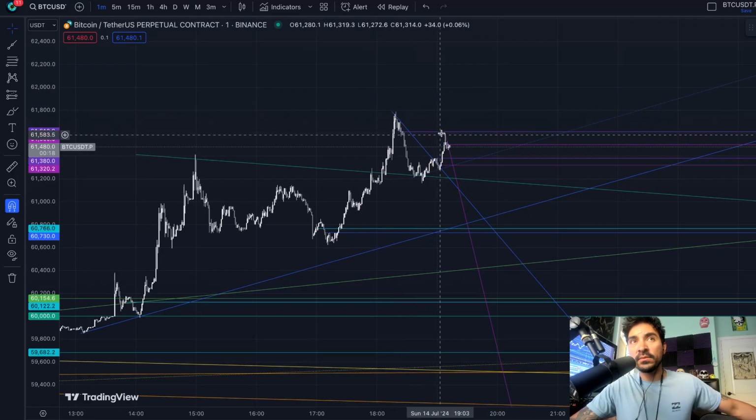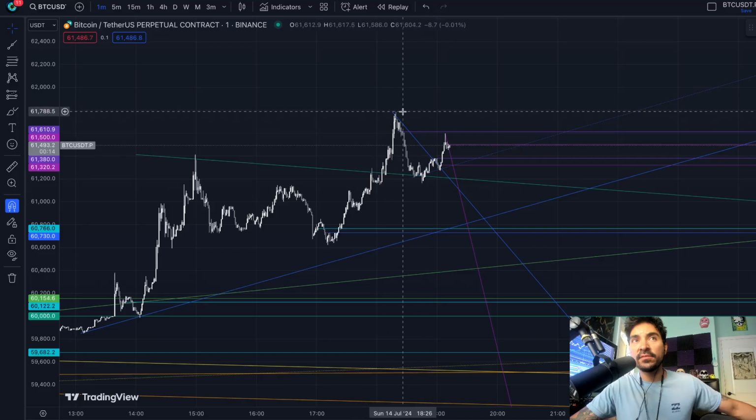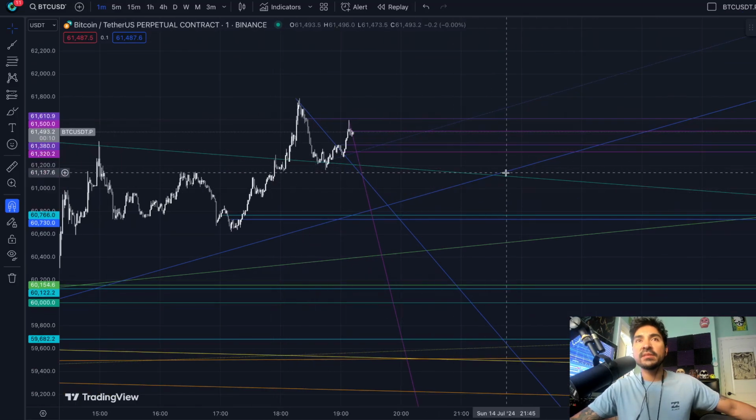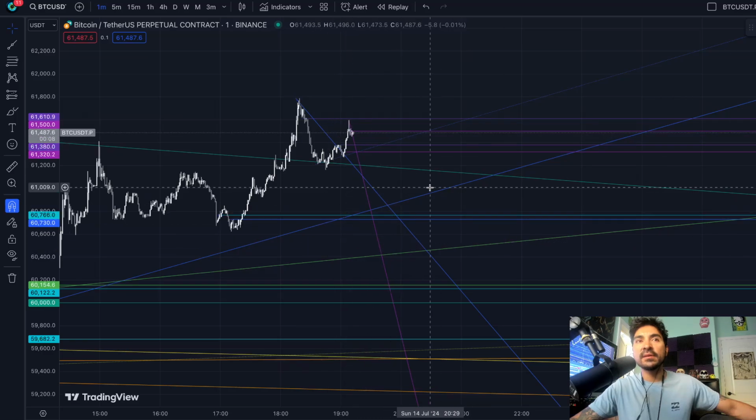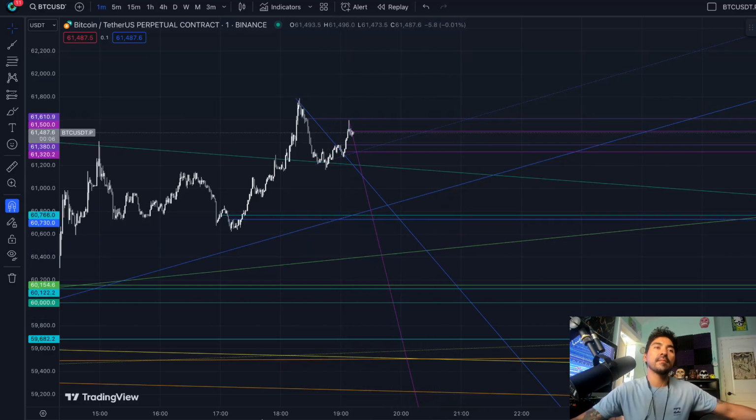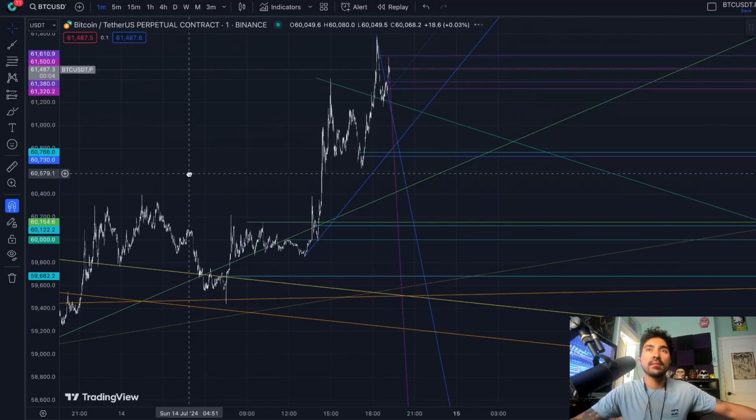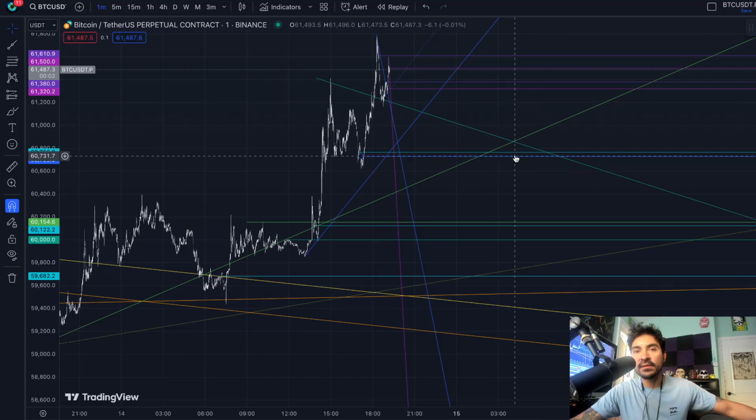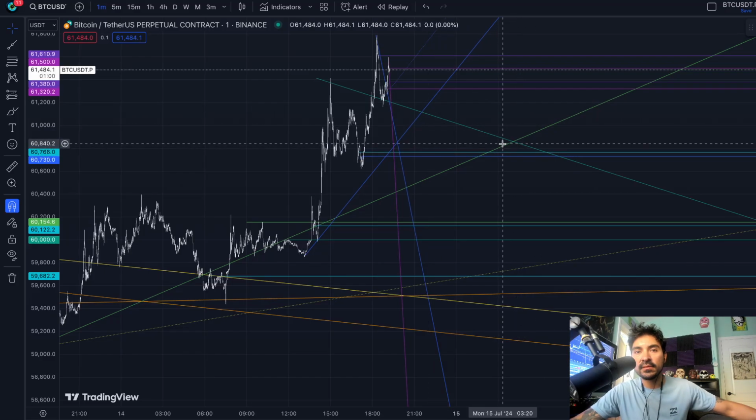This one's lower than here, so this is not going. We had to break here first. But we still have time in this pattern too, so it makes me think we're gonna come back. See, the pattern doesn't end until like where is this? Until tomorrow.